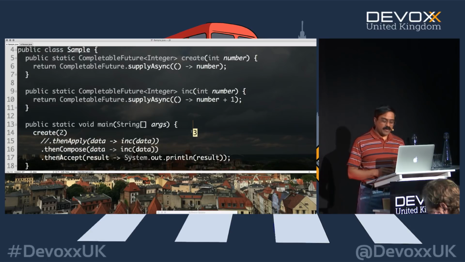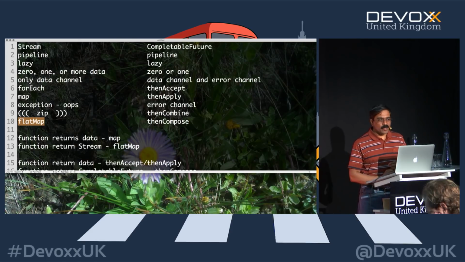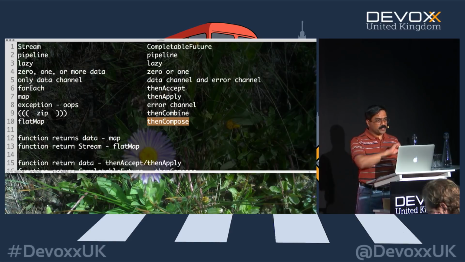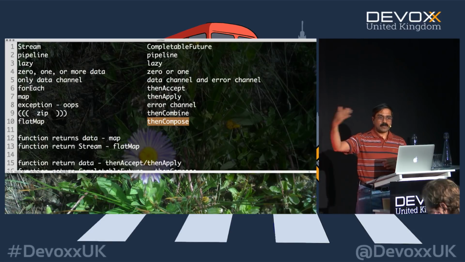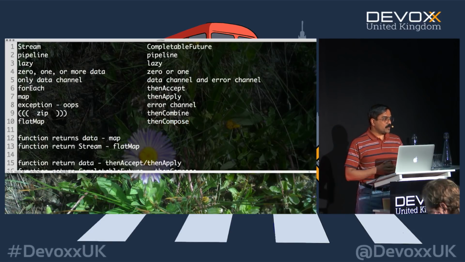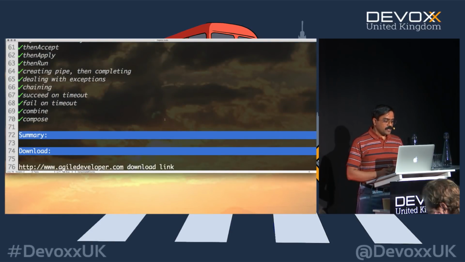That becomes the reason why this is kind of like your flat map, where you are using then compose to really extract this into a flattened form and work with the inner completable future rather than the external one. That's what you're trying to do with this, and that gives you the compose method that you're able to use.